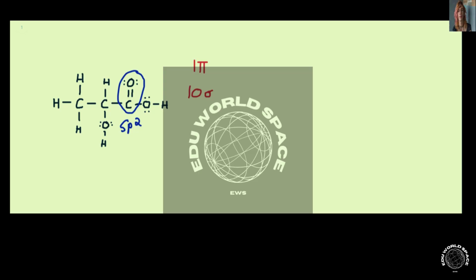Now, for part E, what are the approximate bond angles around each carbon atom in the molecule? So you're going to look at your molecular geometry, and you can approximate the kind of bond angles you see.